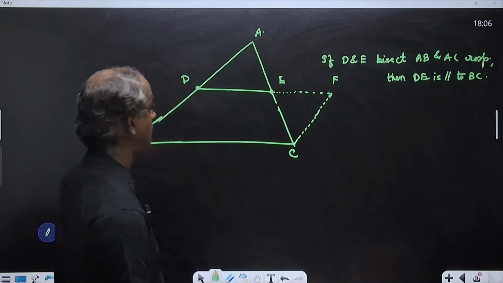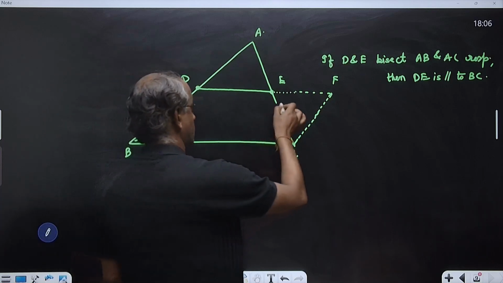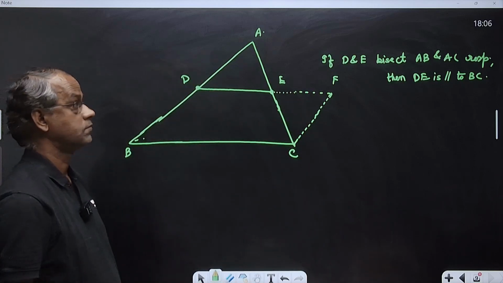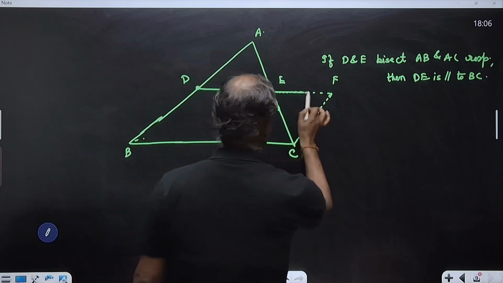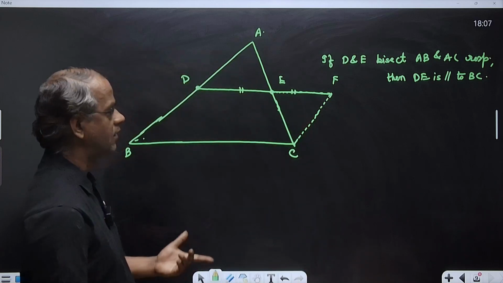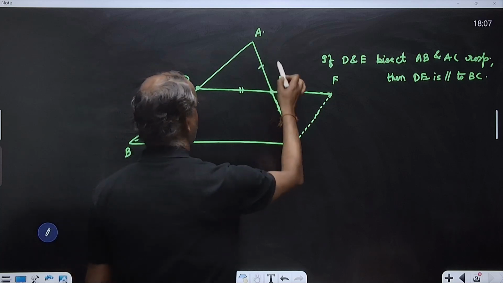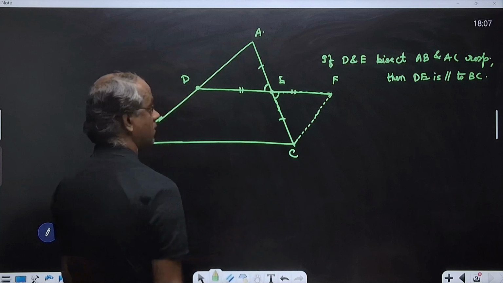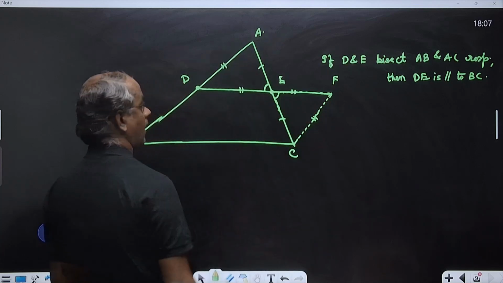Anything will work. Suppose DE and EF are equal. There are various ways to deal with this. These two are already equal. So this angle and this angle are definitely equal. So these two are equal and parallel.